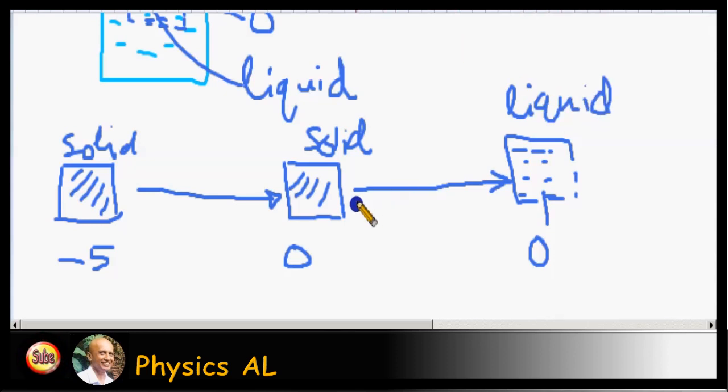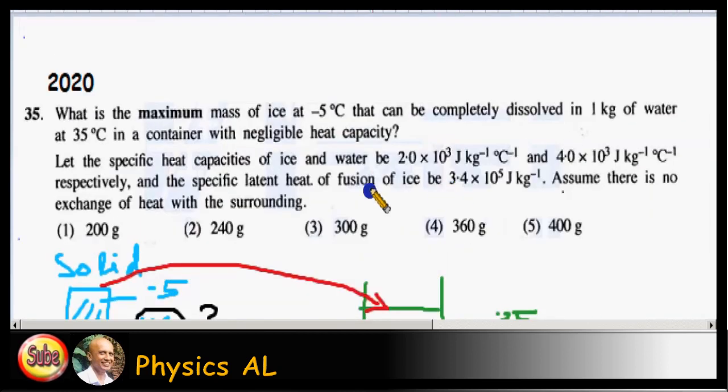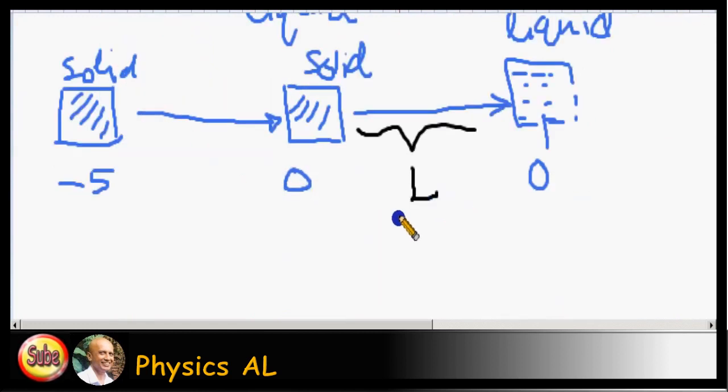In this part, the solid state changed to liquid state, that means change of state. So the heat absorbed is called latent heat, specific latent heat of fusion. It is given, denoted by capital L. So here the equation is Q equals mL, because there is no temperature change.